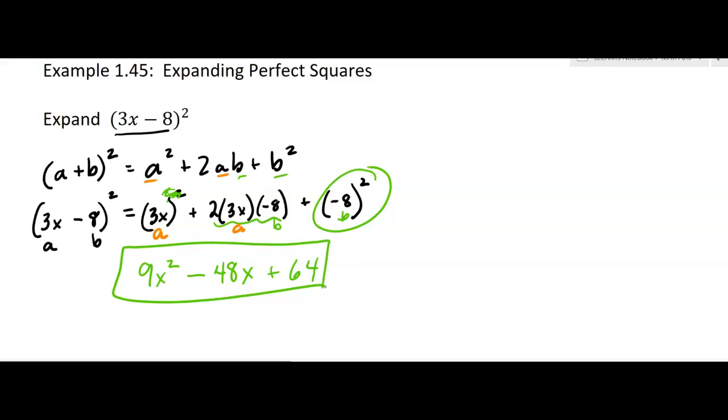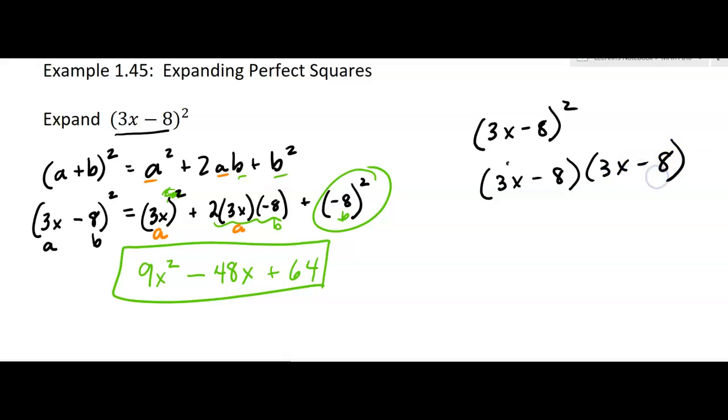So that's what it is when we multiply it out, okay? And that's how you use the formula. Now, it's a good idea to learn how to use formulas and how to put the a and the b where they go, but you can get around it. Let's say, okay, I don't like that method. I don't want to do it that way. You could just say 3x minus 8 times 3x minus 8 and use the FOIL method, and it's all going to work.